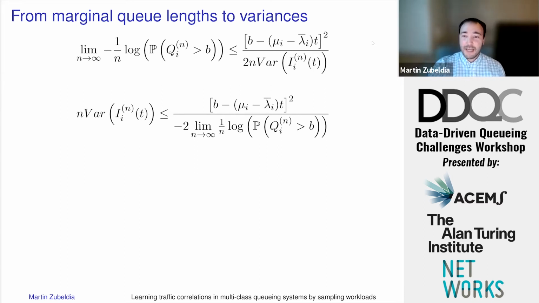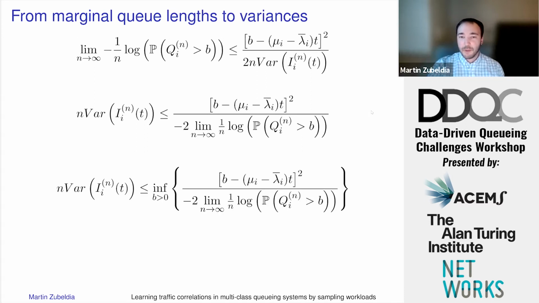And now, since the right-hand side still depends on this parameter b that's not on the left-hand side, we could just take the infimum over all possible parameters b. And we get that the variance is less than or equal to another optimization problem. This is less than or equal, but actually the equality was possible for all t that are the minimizers for some b here. So this less than or equal could very well be equal.